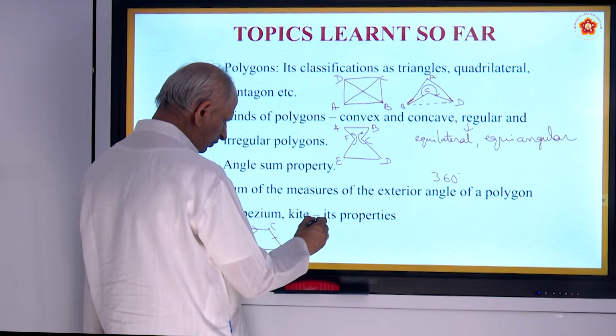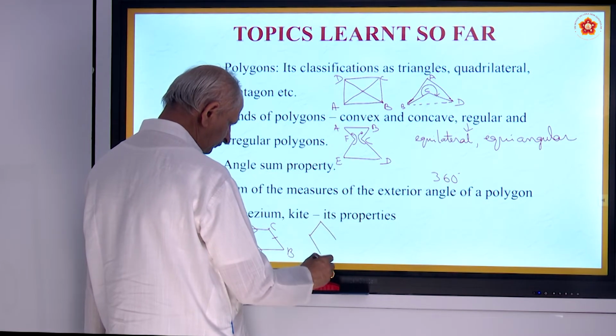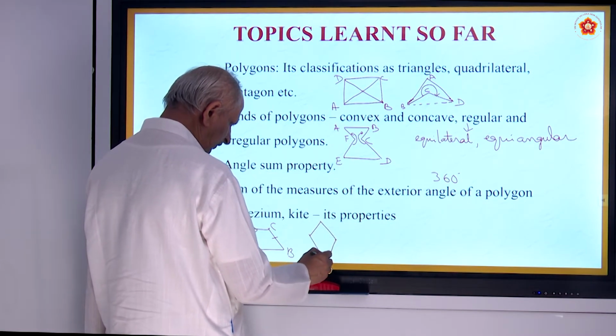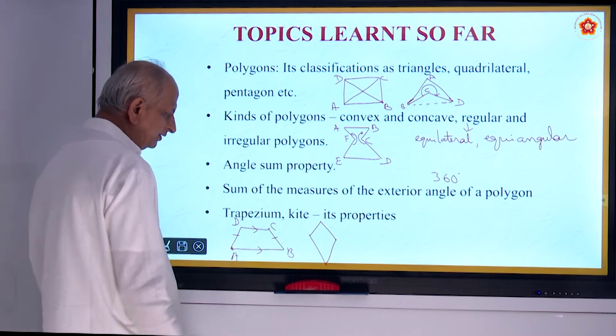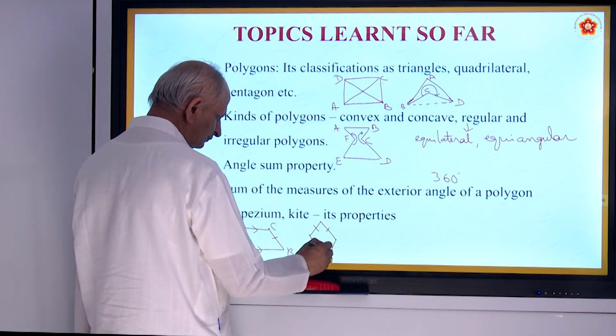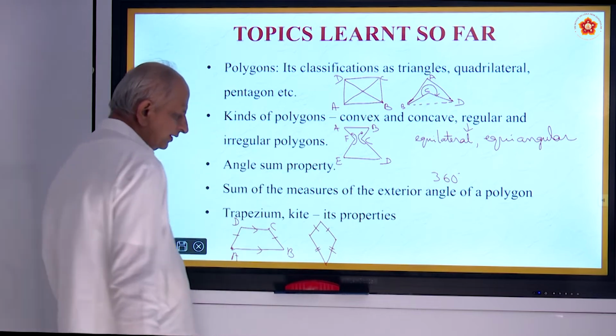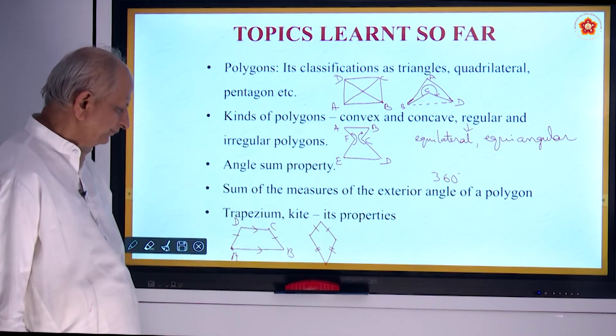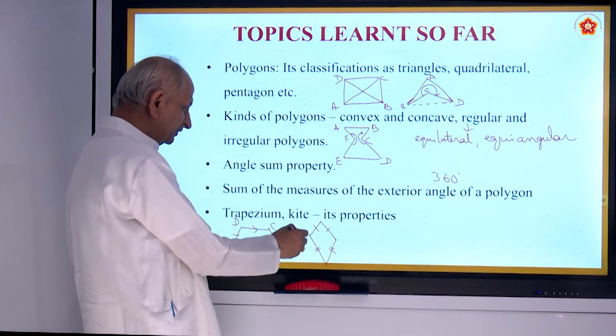Also, we have studied about kite. A kite is also a quadrilateral having adjacent sides equal. Adjacent sides equal. The diagonals bisect at right angles.